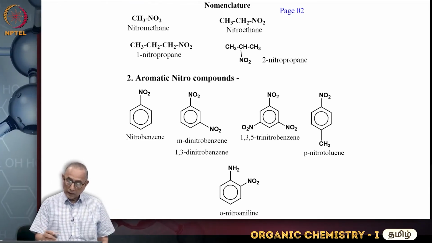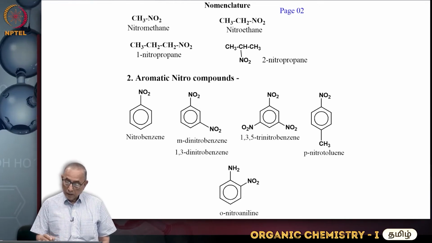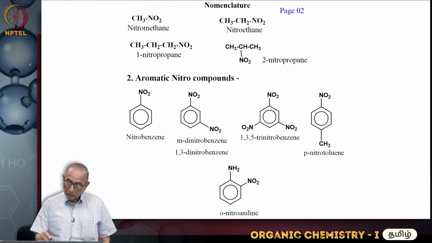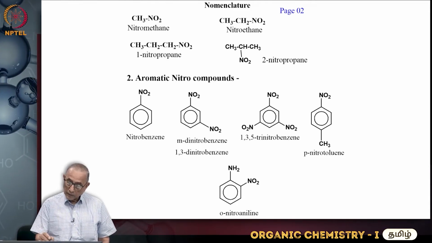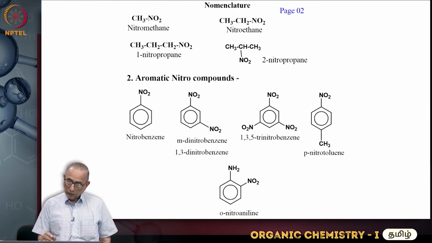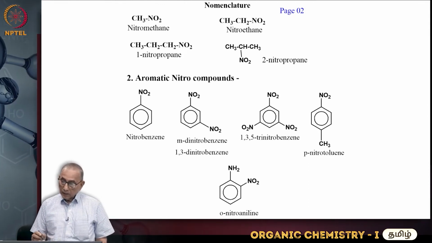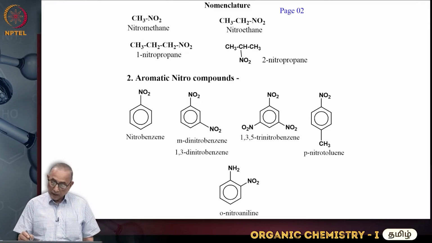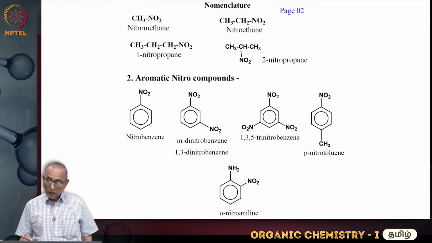When you go to aromatic nitro compounds, nitrobenzene, meta-dinitrobenzene, the 1,3 position, this is called the meta position. If the group is here, it is called ortho-dinitrobenzene. If it is here, para-dinitrobenzene. This is 1,3,5-trinitrobenzene. Trinitrobenzene is a highly oxidized organic compound.